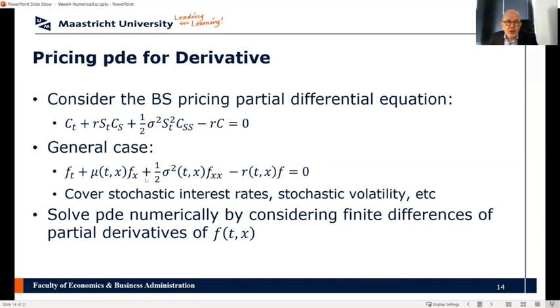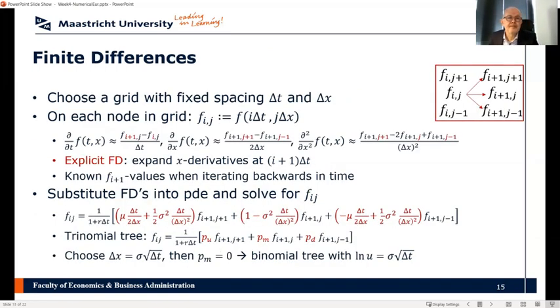And the way we're going to solve such a partial differential equation numerically is by considering finite difference approximations of the partial derivatives of the function f of t and x. So the way that this works is that you start with a grid where we just do a fixed spacing of delta t and delta x values.